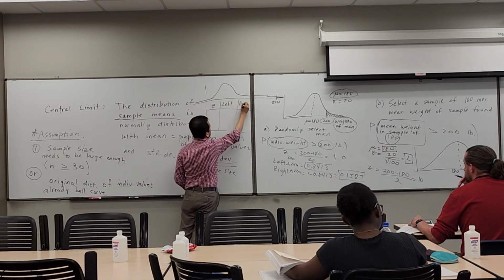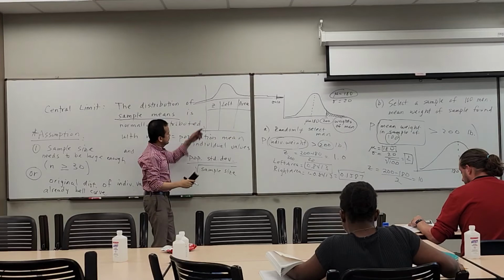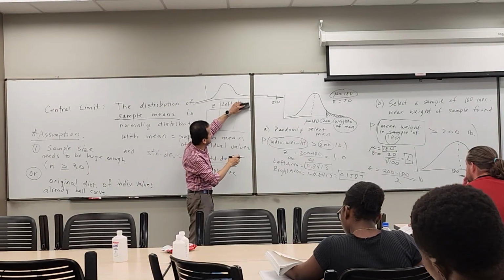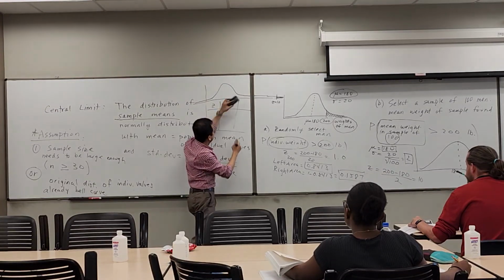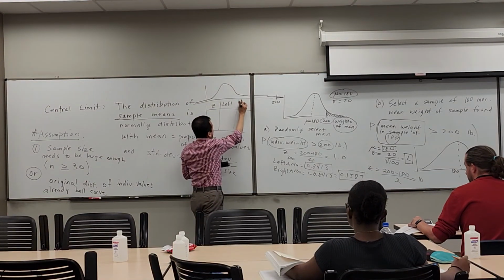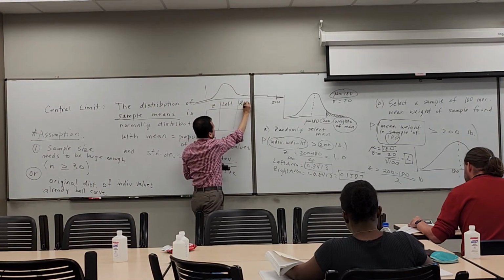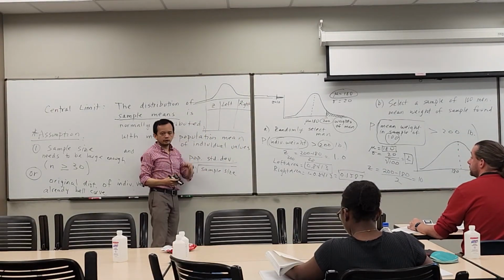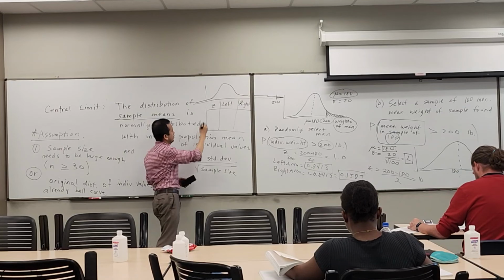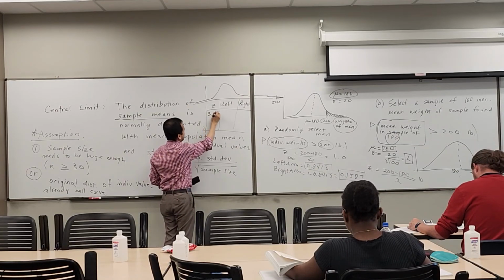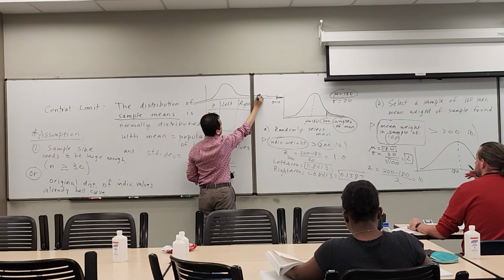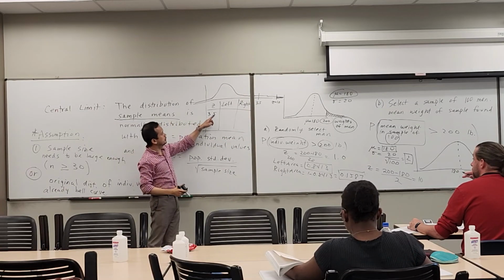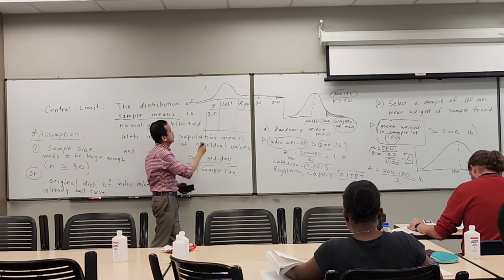So let's talk about that. For a particular z-score, let's look at the left area and then the right area. The z-score in the book tops out at 3.5. So if the z-score had been 3.5, what would have been the left area? 0.9999.